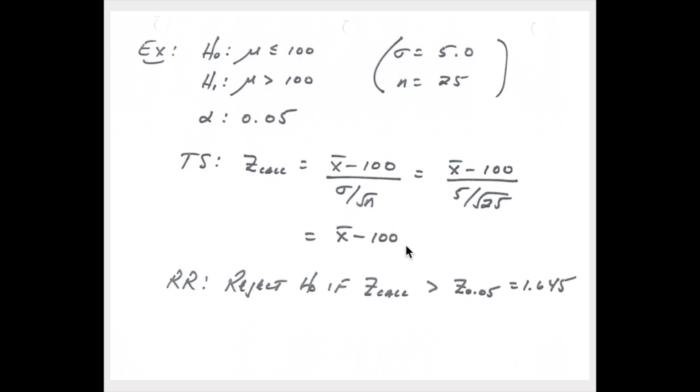Again, that's 1, so this simplifies to x bar minus 100. And the rejection rule is to reject the null hypothesis if zcalc is greater than the upper fifth percentage point of the standard normal distribution, which we know to be 1.645.